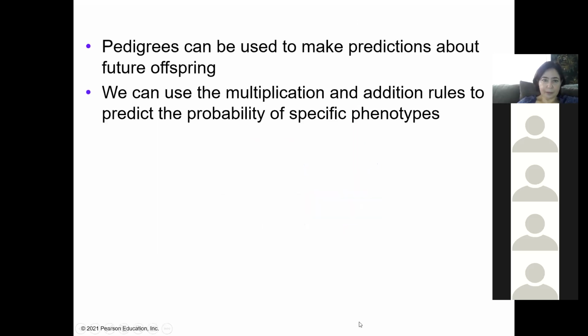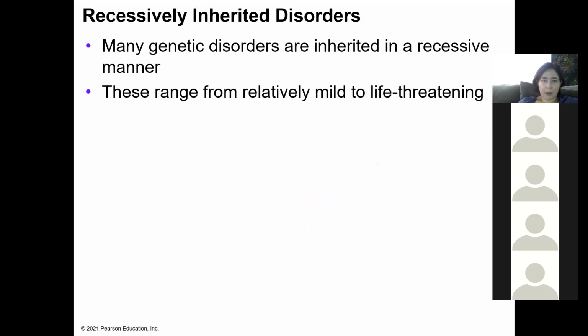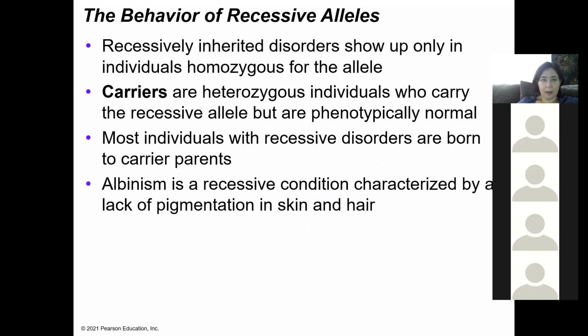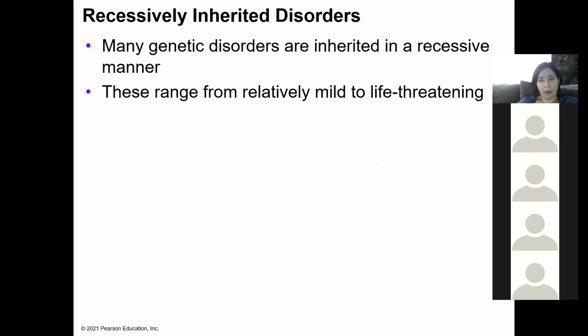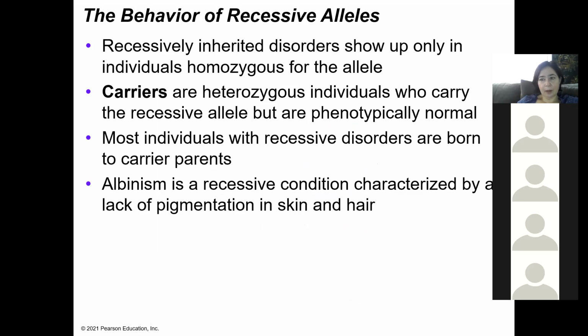Okay. As I said, most genetic diseases have recessive inheritance, which means they are rare, and parents have to be carriers. I just explained that to you.